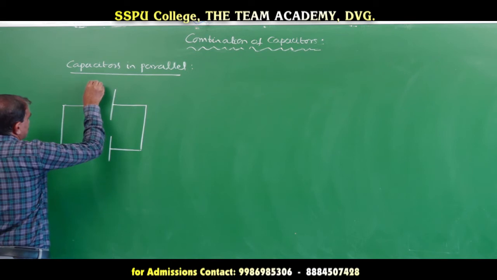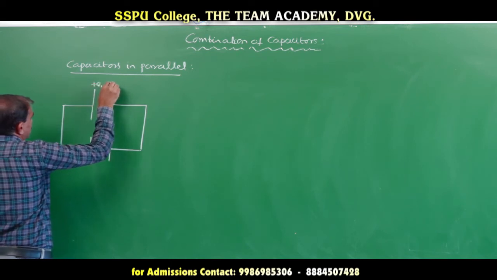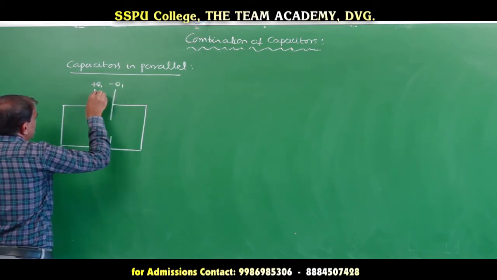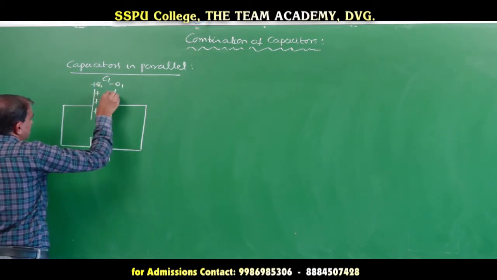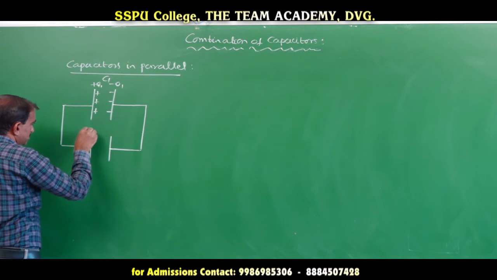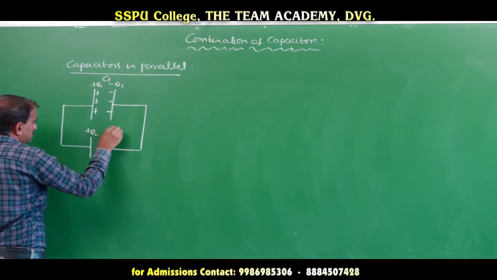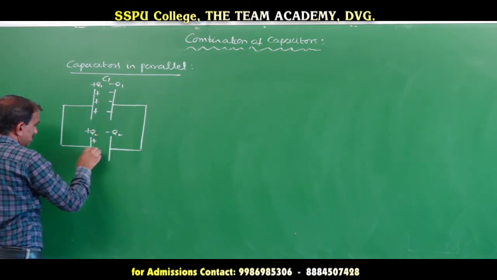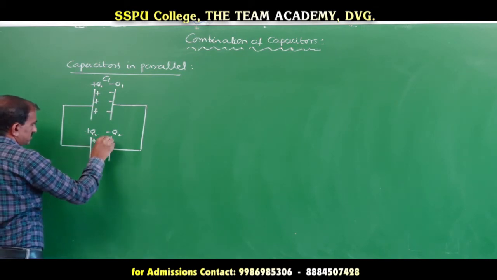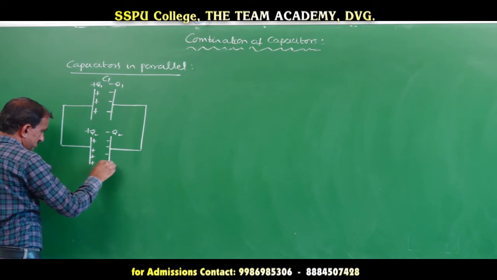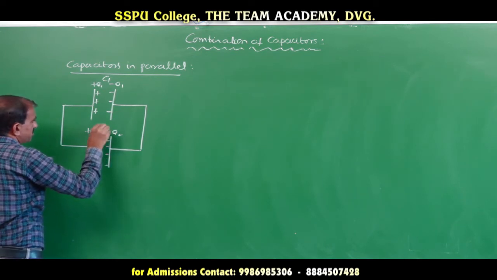This is charge plus Q1, this is minus Q1. These are the positive and negative charges on the capacitor C1. This is plus Q2, this is minus Q2. These are the charges on capacitor C2.